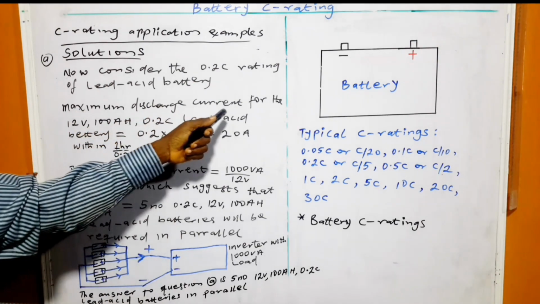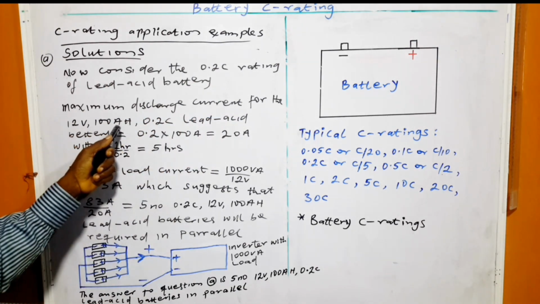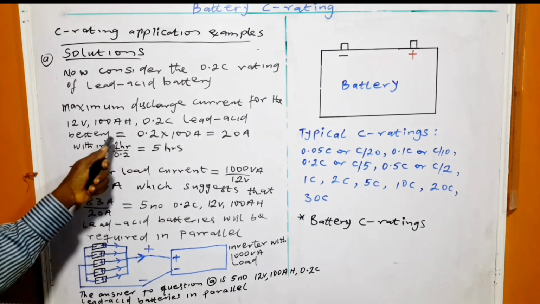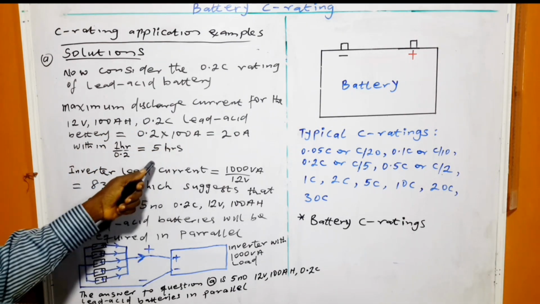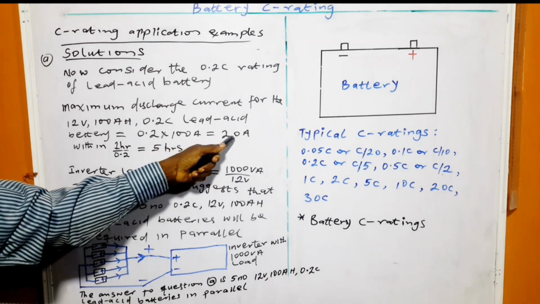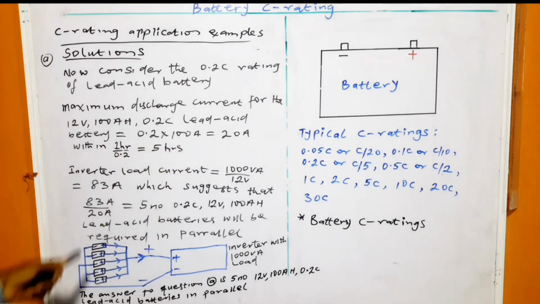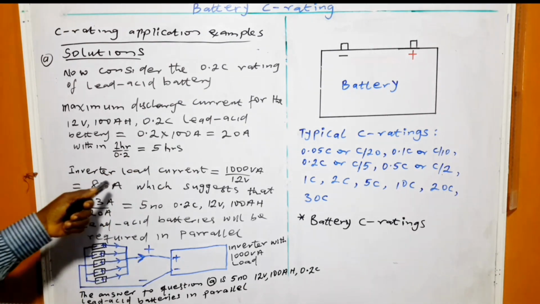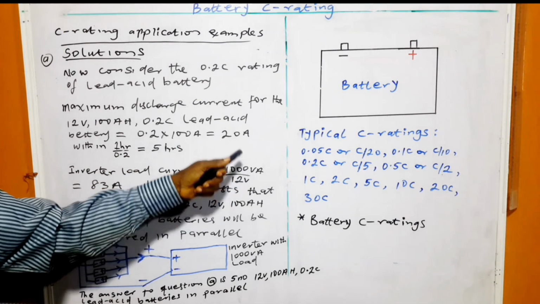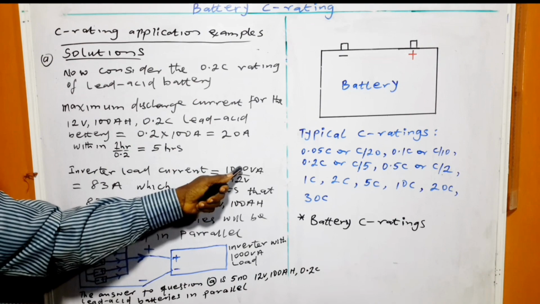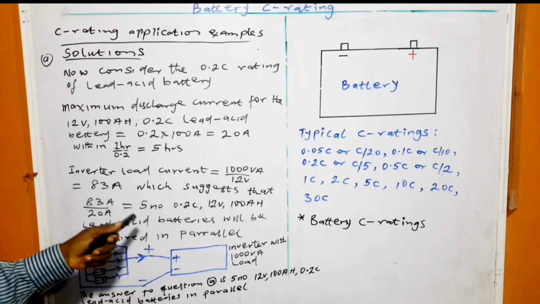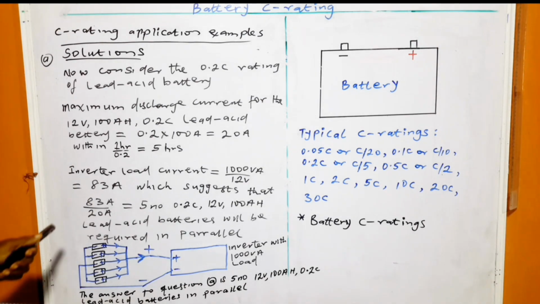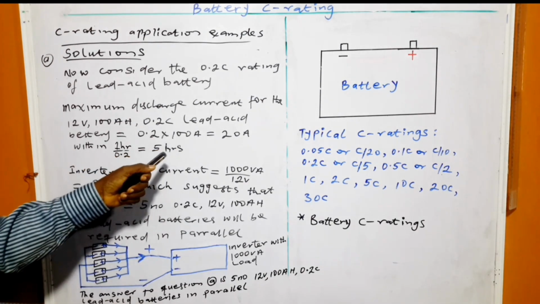Now the maximum discharge current for the 12 volts 100 ampere hour 0.2 C lead acid battery is equal to this 20 ampere, if you multiply this by this, and the corresponding time is 5 hours. So the inverter load current is this. You divide the inverter load by 12 volts. This is what you get.